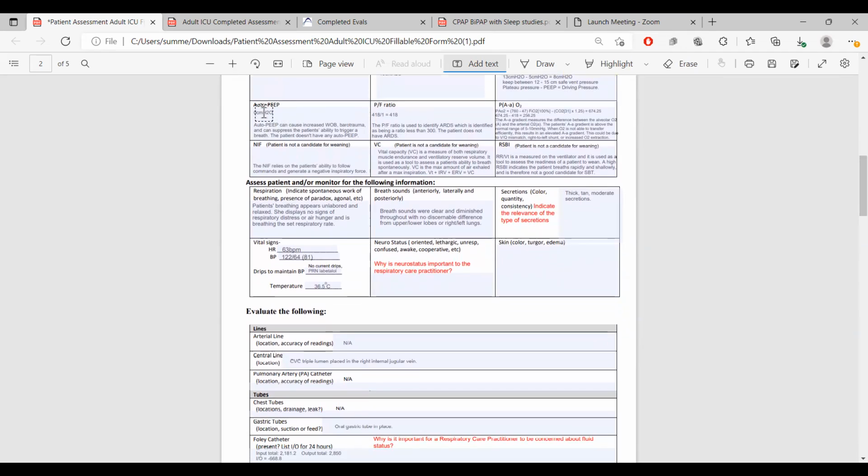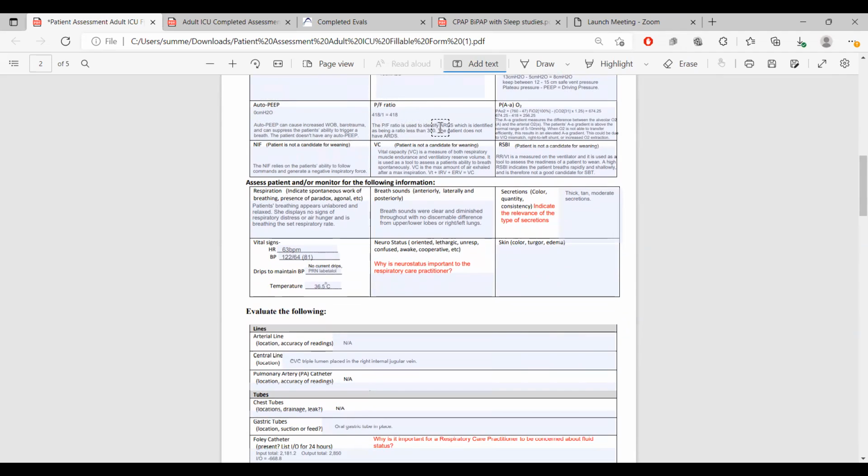Her auto PEEP was 0. I just wrote a general statement like auto PEEP can cause increased work of breathing, barotrauma, and can suppress the patient's ability to trigger a breath. The patient doesn't have any auto PEEP. Beautiful. And the PF ratio, her PF ratio was 418.